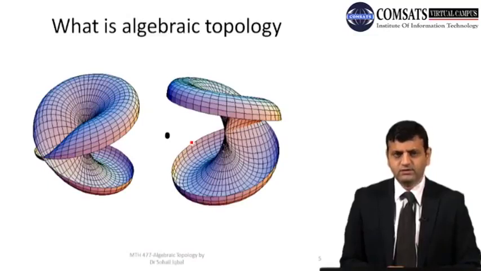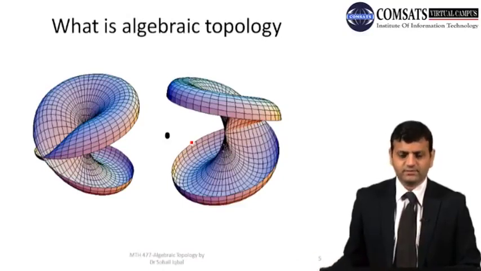They associated groups with topological objects, and then studied topological properties using properties of the groups. But this is not just a one-way stream, it's a two-way stream. Sometimes we can prove very complicated results of algebra, especially for groups, using this bridge of algebraic topology.